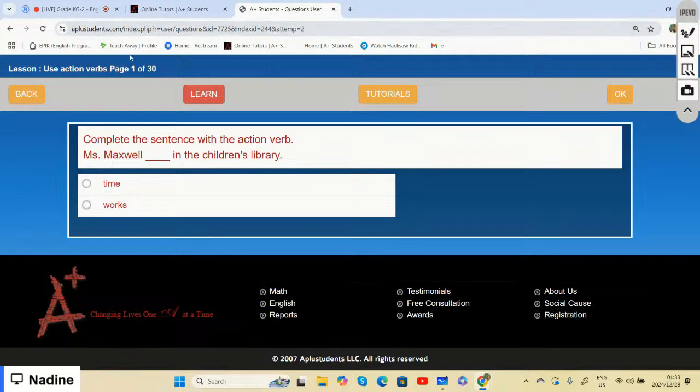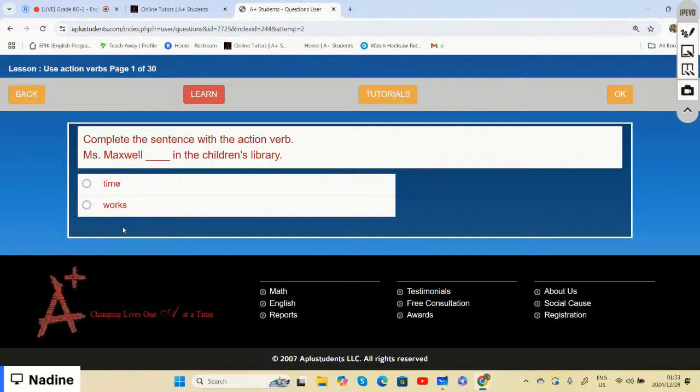All right, so now it says we need to complete the sentence with the action verb. It says Miss Maxwell, do we say option one, time in the children's library? Or do we say Miss Maxwell, option two, works in the children's library? What is Miss Maxwell doing?